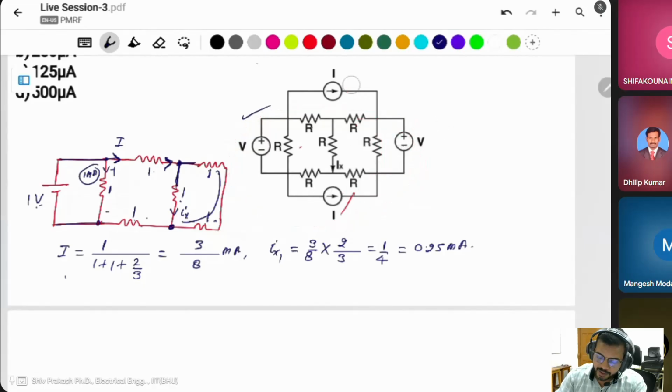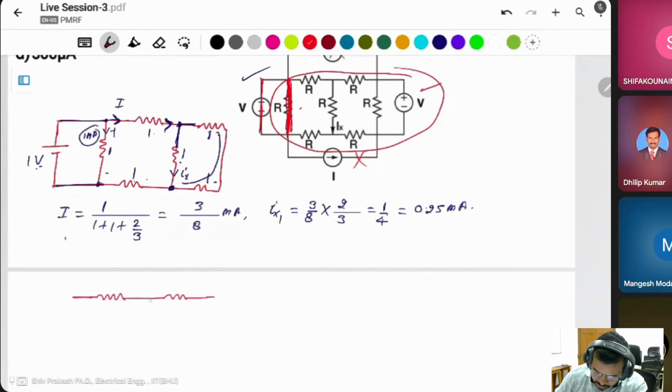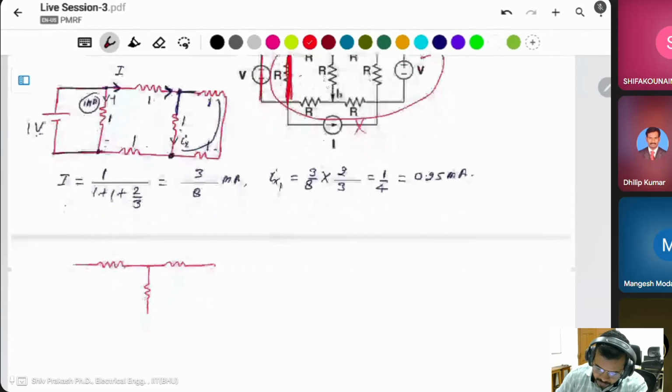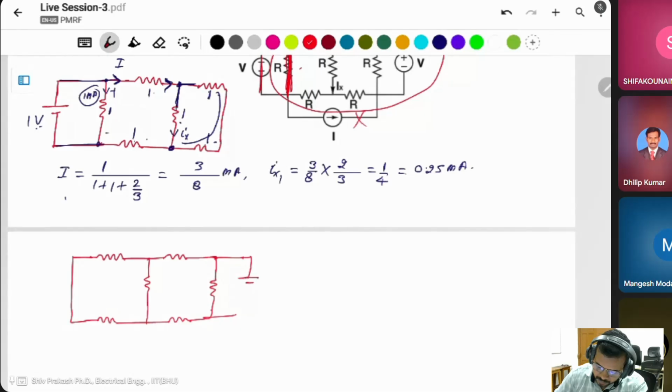After that you have to apply this voltage source. Then this will be short, this will be open, this will be open, this short, it means this is also short. Then the remaining part is this one. It will come the same, I think.